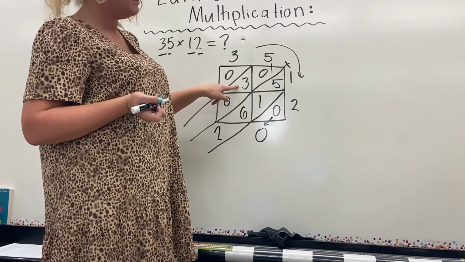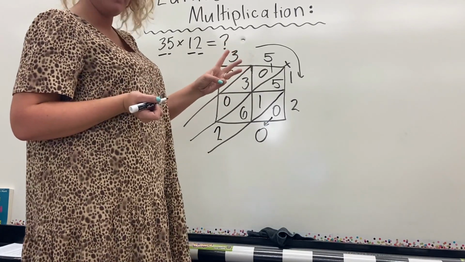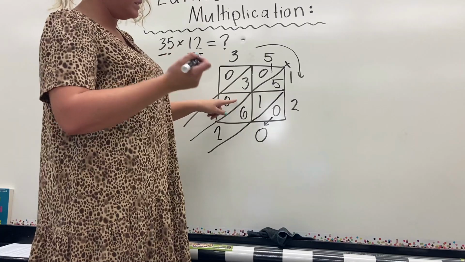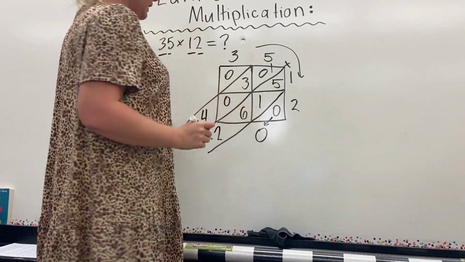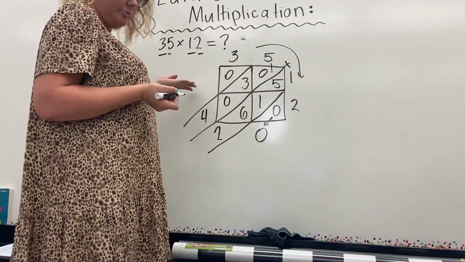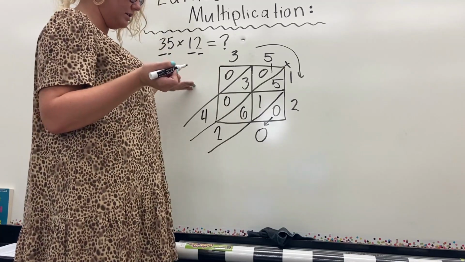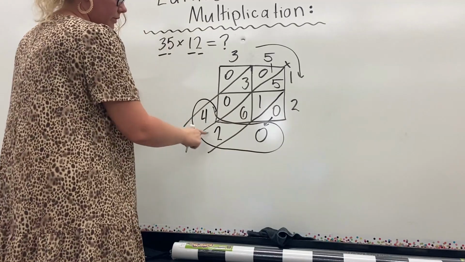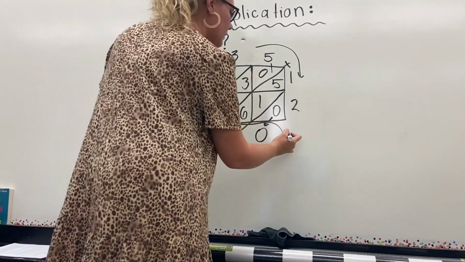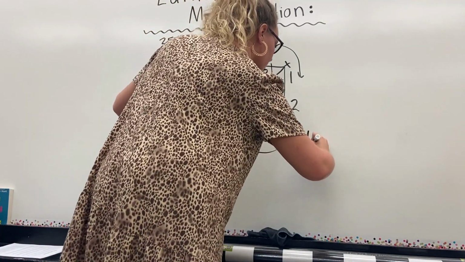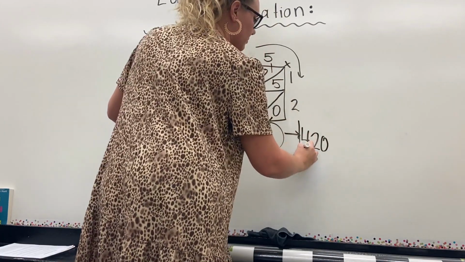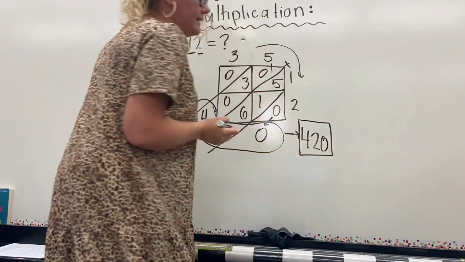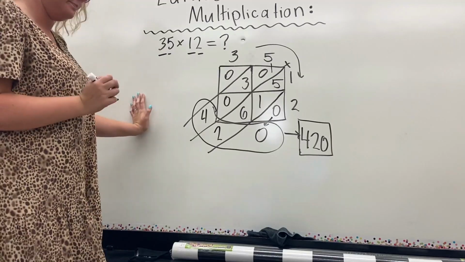Plus 3 more. 1, 2, 3, 4. 4 plus 0, still 4. And I have a 0 here, so I don't even have to bring anything down because there's nothing there. So now I have just these numbers, a 4, a 2, and a 0. 4, 2, 0. My answer is 420.